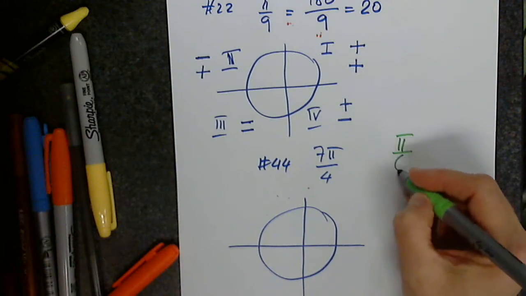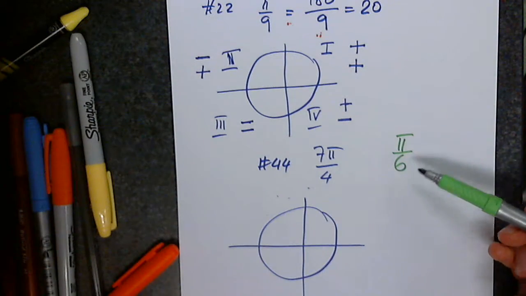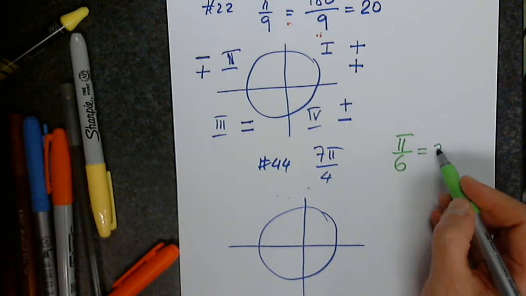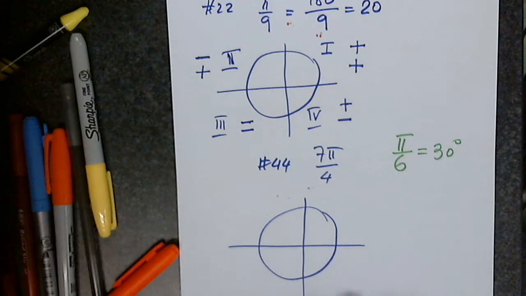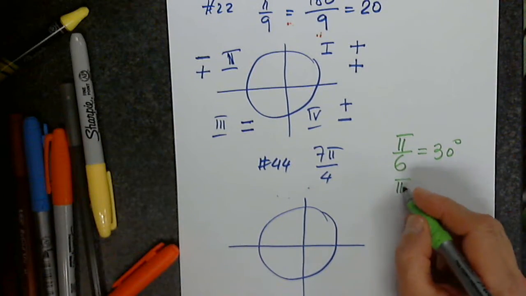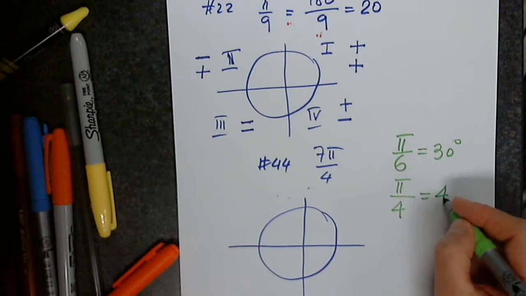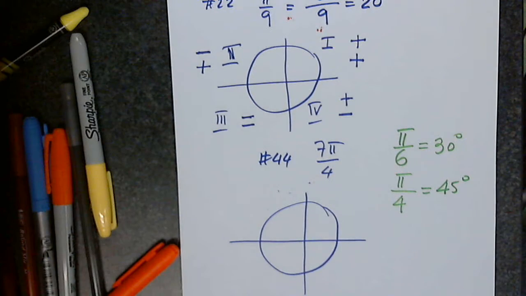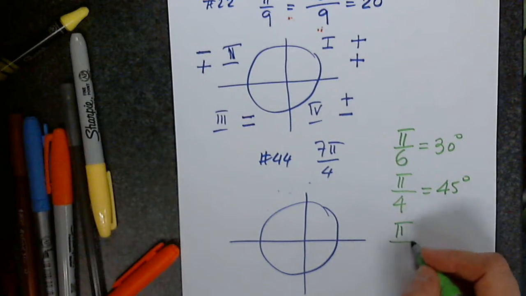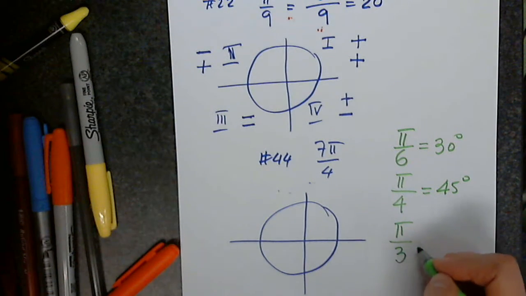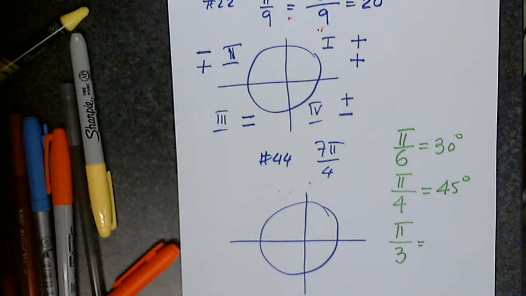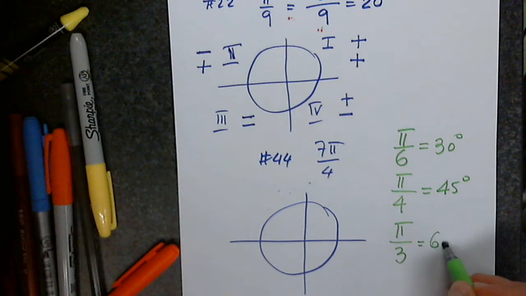Pi divided by 6 is 180 over 6. How much is that? 30 degrees. So every time we talk about pi over 6, now we know it means 30 degrees. The next one is pi divided by 4, which is 45 degrees. And the last one I ask you to remember is pi divided by 3, which is 180 over 3, which is 60 degrees.